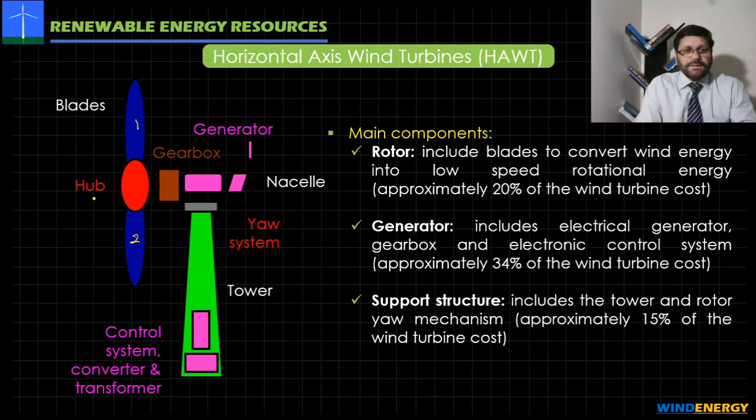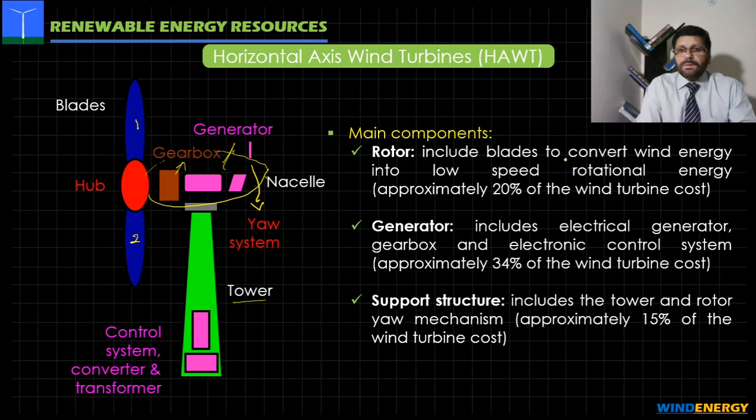These are the blades, and this is the hub, and this complete part is known as the rotor. Then we have the gearbox and the generator, and this is the yaw mechanism, and all these things are enclosed in this casing which is known as the nacelle. This is the tower and control system, converter, or the transformer.